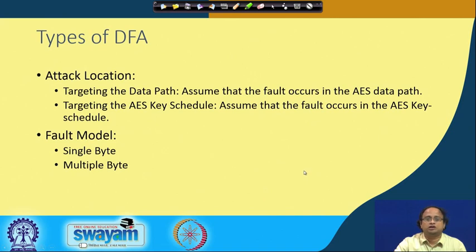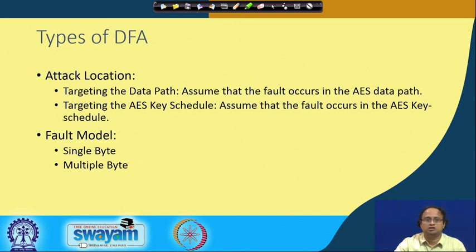Another very important characteristic when defining a fault attack is the fault model, that is, what assumption you make about the kind of faults. Two important kinds are written here, but there can be other types. I talk about two random fault models. I do not assume the value of the fault; I just assume that the fault is localized in a single byte.